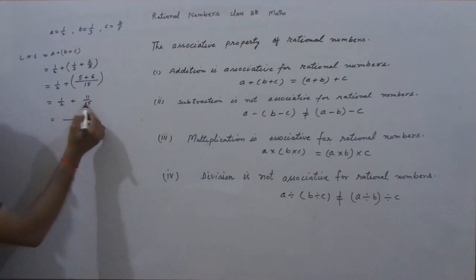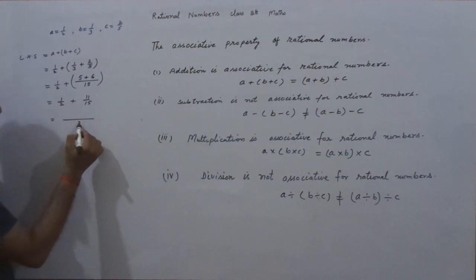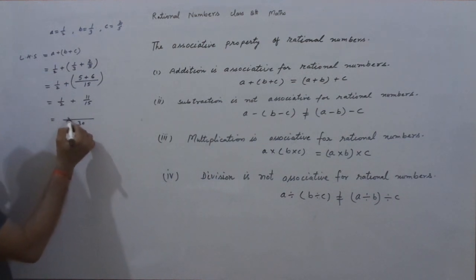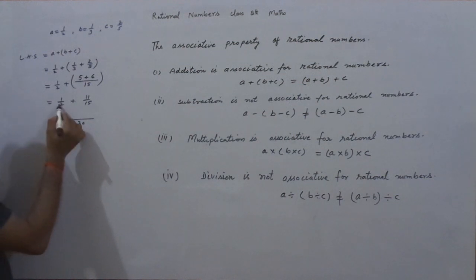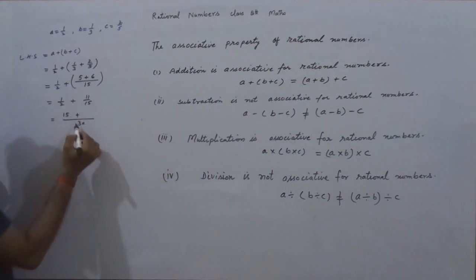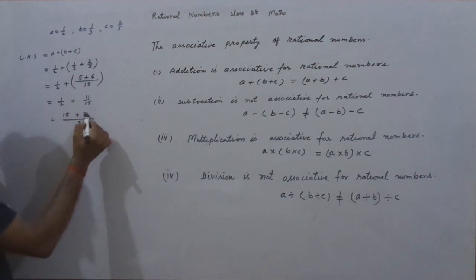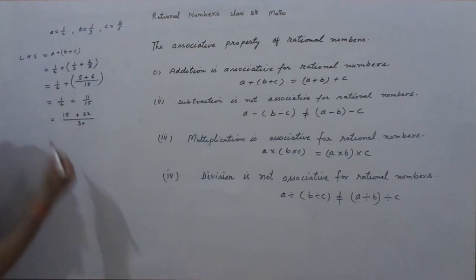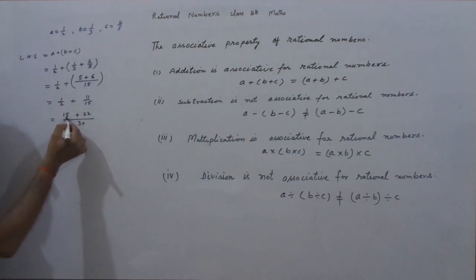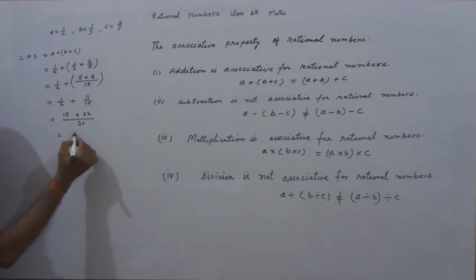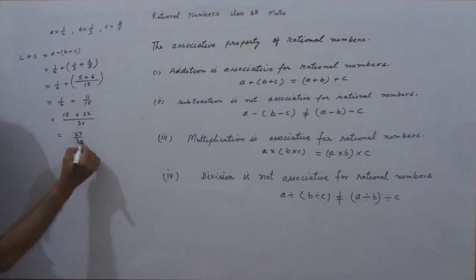Now taking LCM of 15 and 2, we get 30. 30 divided by 2 gives 15, so 15 times 1 is 15, plus 15 times 2 is 30, so 2 is multiplied with 11, we get 22. On adding 22 and 15, we get 37 upon 30.